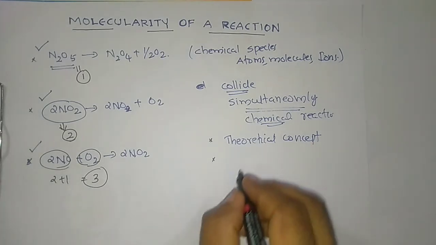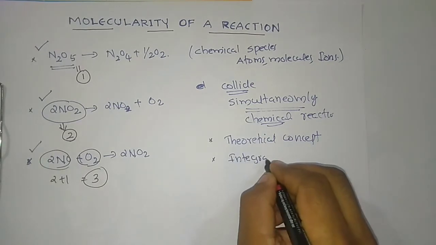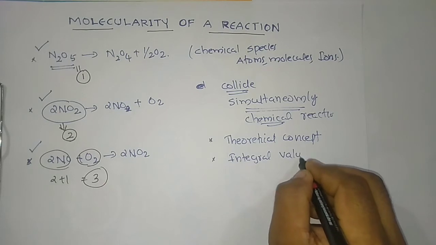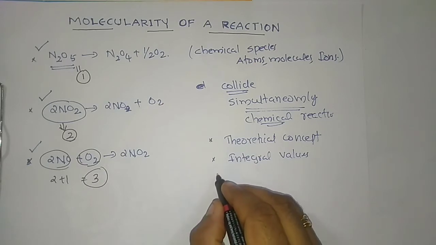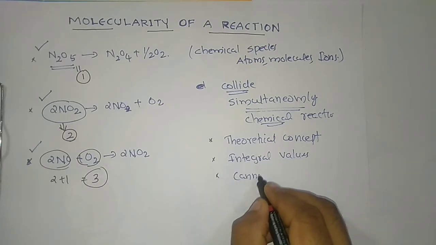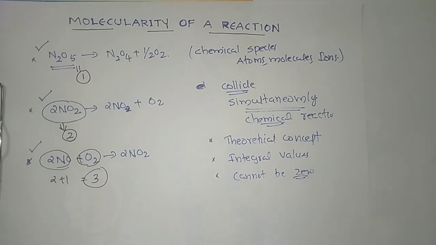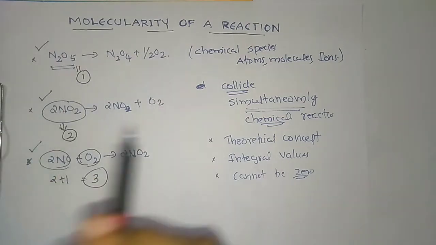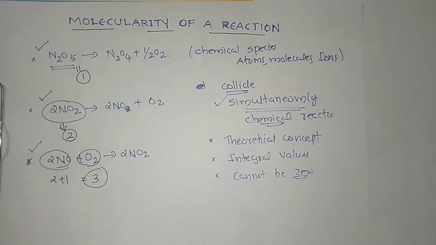Then molecularity can have integral values only, that is, 1, 2, 3. We saw earlier that order can also have fractional values, and order can be 0, but molecularity cannot be 0. Clear? What is molecularity? It is the number of chemical species which collide simultaneously to bring about chemical reaction.